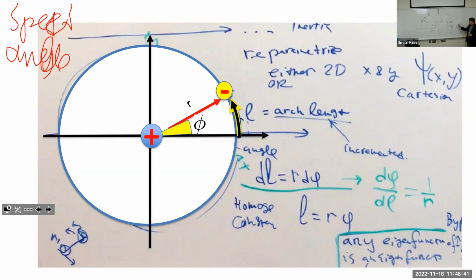Now, what is d phi over dl? 1 over R. So we have minus i h bar 1 over r d phi. So it is our momentum along the arc length, right? We still have the r.